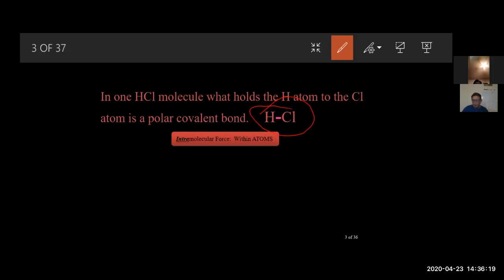When we have nonpolar bonds, the 2 atoms that are together are sharing the electrons in that bond equally. When there's unequal sharing, like hydrochloric acid, we have a polar bond.